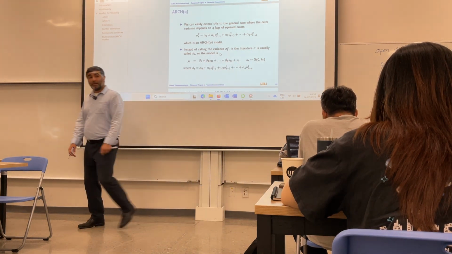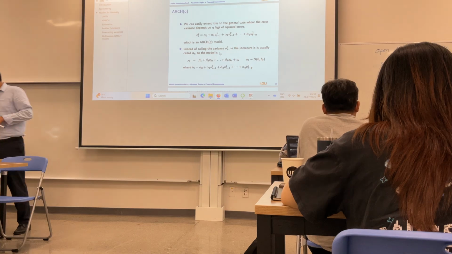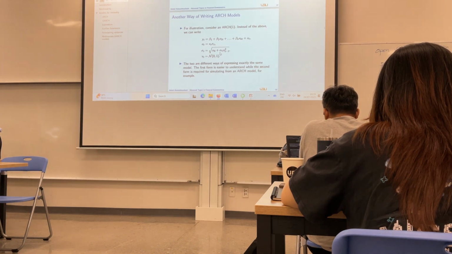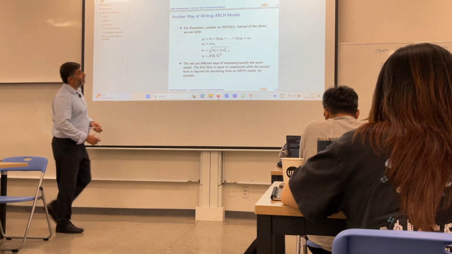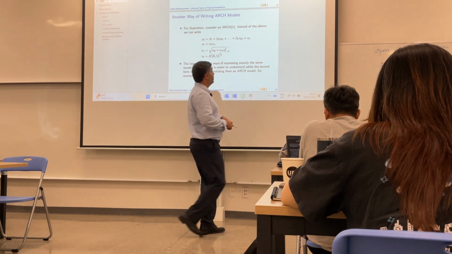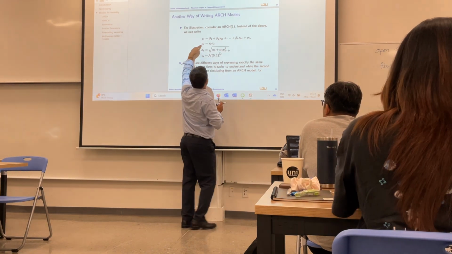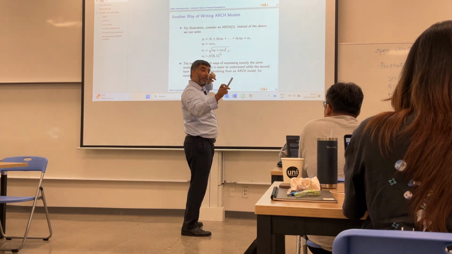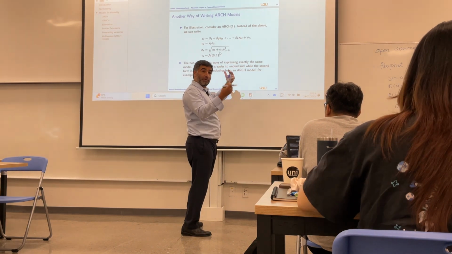Well, these are just reviews, no new stuff, because you have seen them before. But oftentimes one reformulates an ARCH model for the residuals, like so. One says u t is a random shock times sigma t. So now I'm going in the direction of becoming parametric. So that's a parametric model.